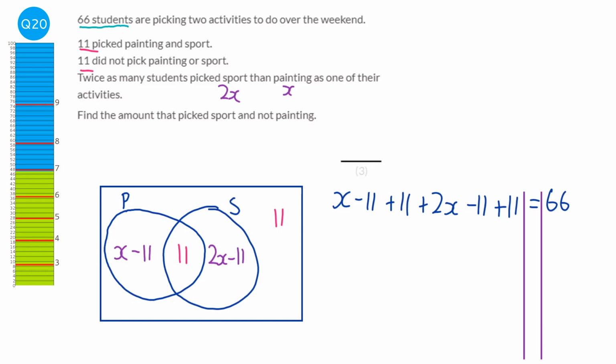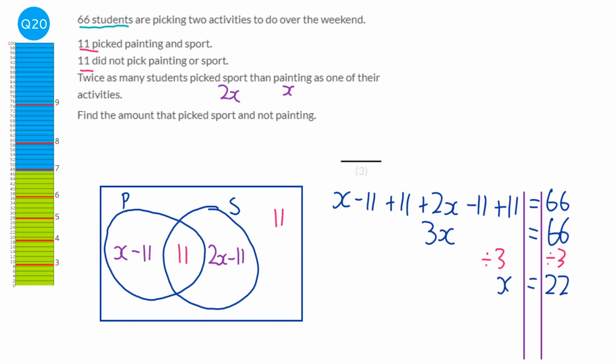And we've got minus 11 plus 11, minus 11 plus 11. Well, those just cancel out, so we're left with just the 3x equals 66. We're going to divide that by 3 both sides. So we've got x equals 22.